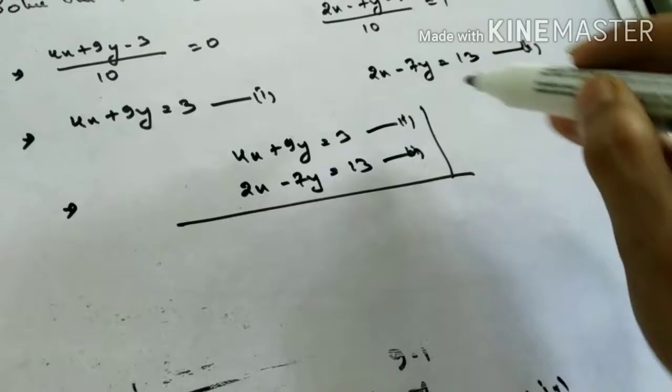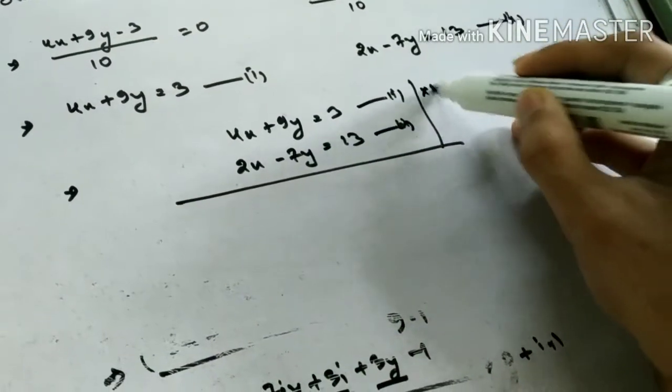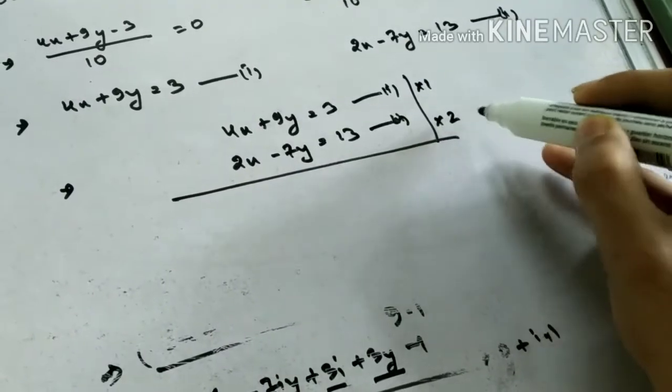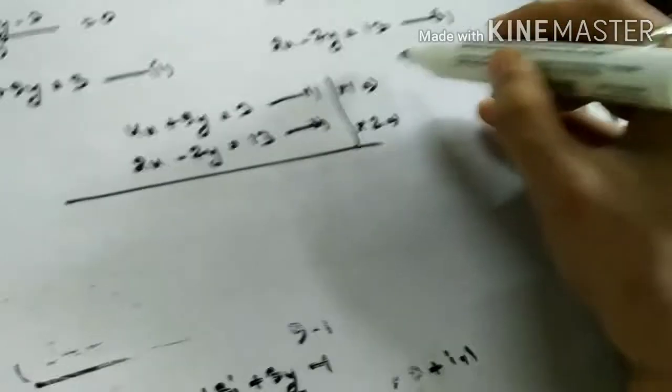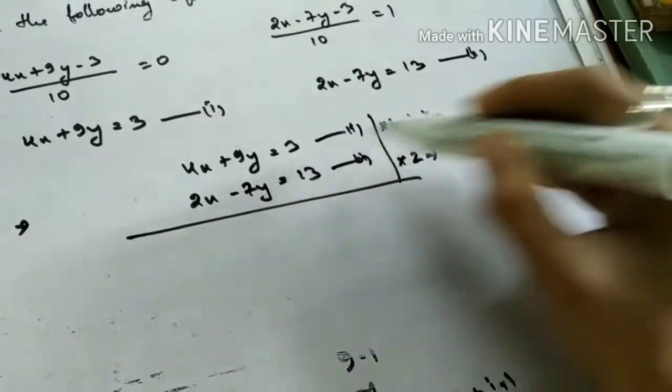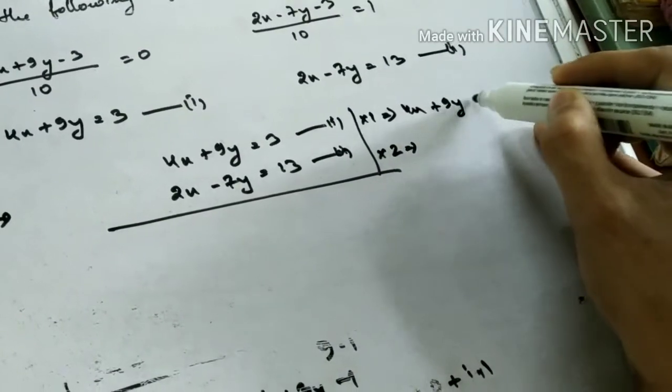Now I will use the elimination method. Any one of the variables I will have to eliminate. So let's eliminate x. This I will multiply by 1 and this I will multiply by 2. So I will get 4x plus 9y is equal to 3.